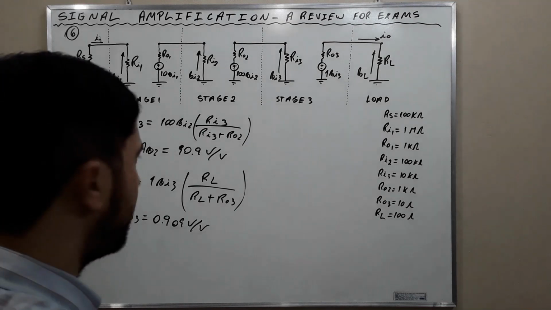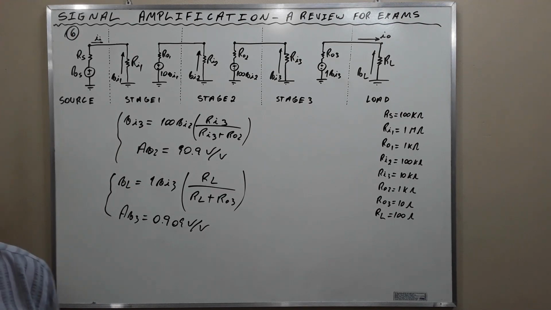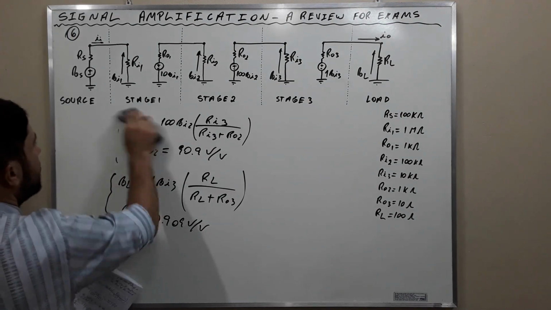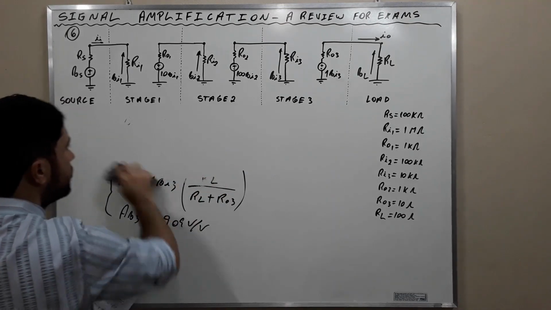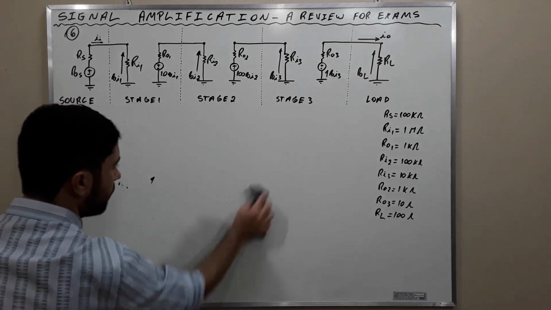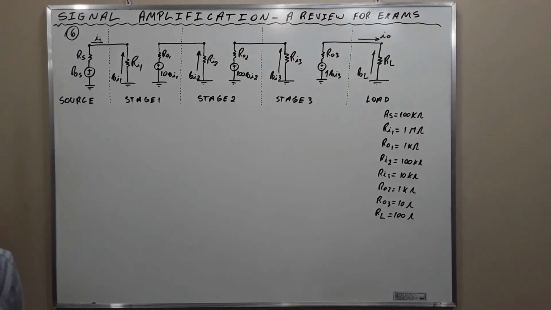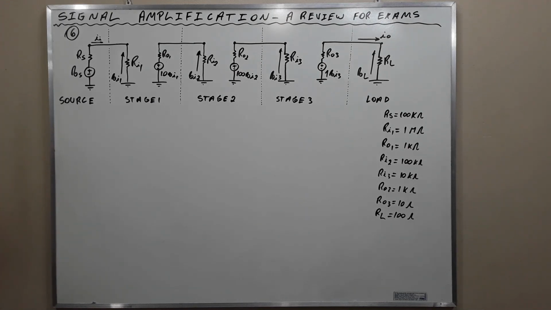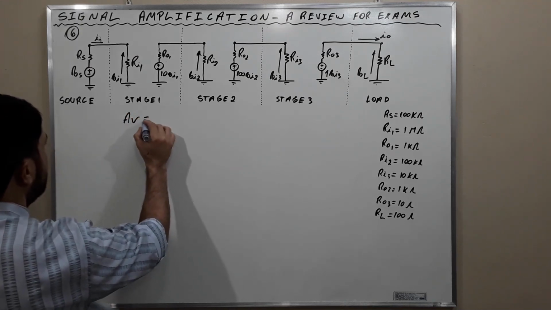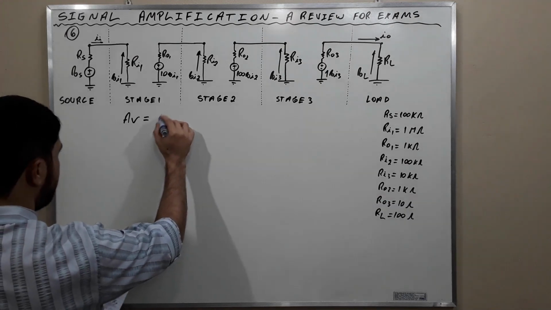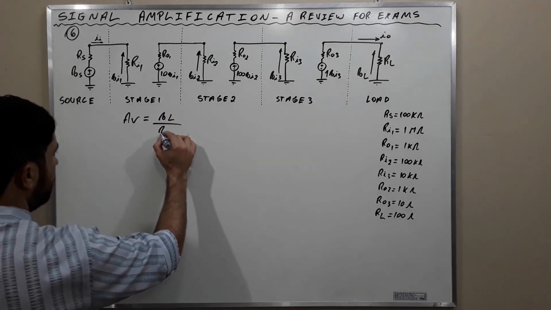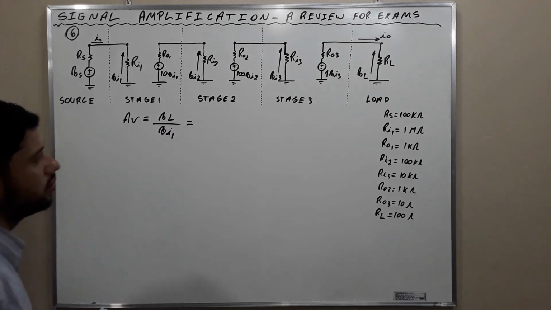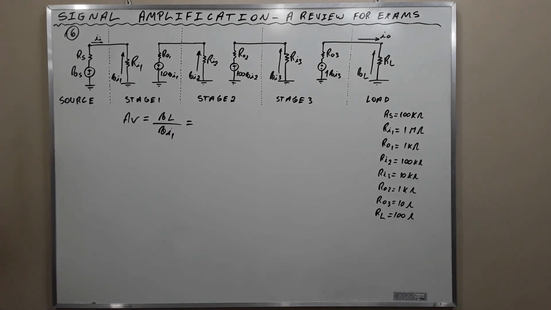All right, we have calculated the voltage gain of the three stages, and we are going to calculate now the overall, the global voltage gain. And the total gain of the three stages in cascade is obtained by merely multiplying the gains. AV is going to be equal to VL over VI1. Okay, this is the internal voltage gain, not yet the global or overall voltage gain.